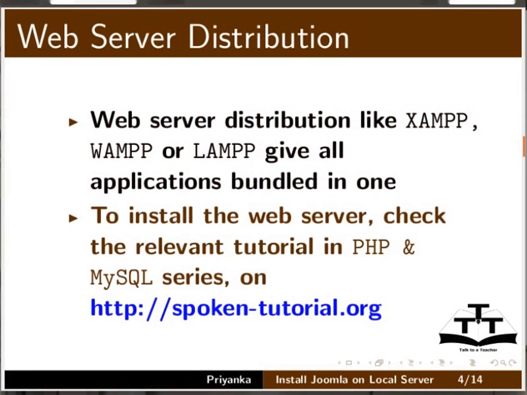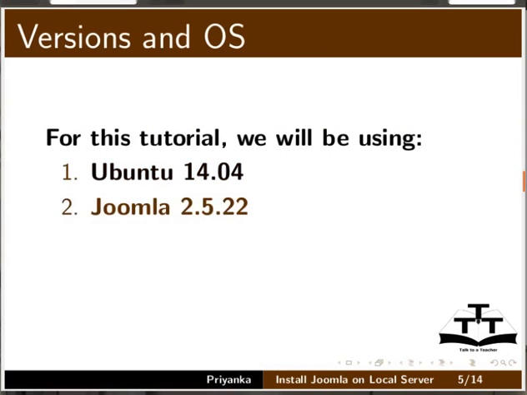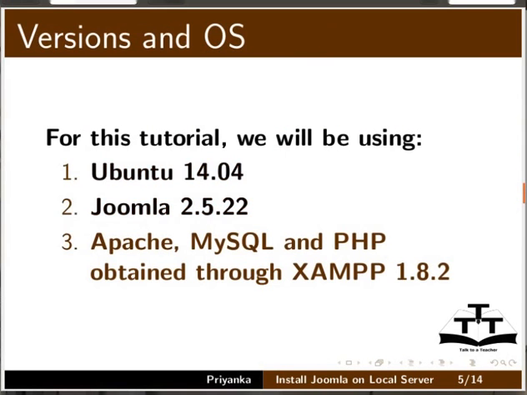Refer to the PHP and MySQL spoken tutorials for more details on XAMPP installation. For this tutorial, we will be using Ubuntu 14.04, Joomla 2.5.22, Apache, MySQL, and PHP obtained through XAMPP 1.8.2.